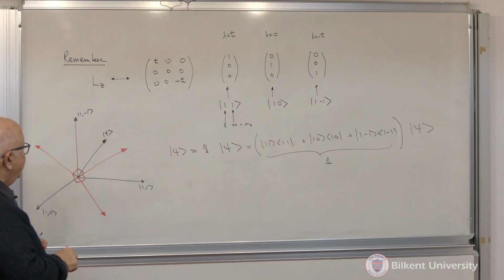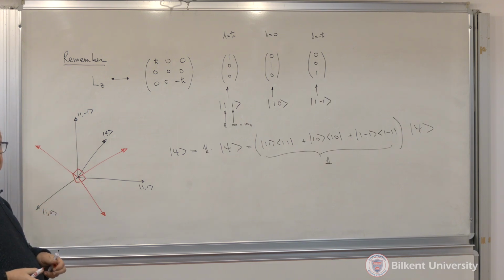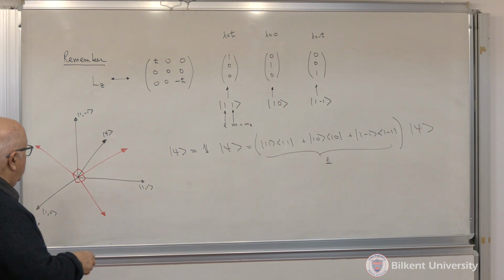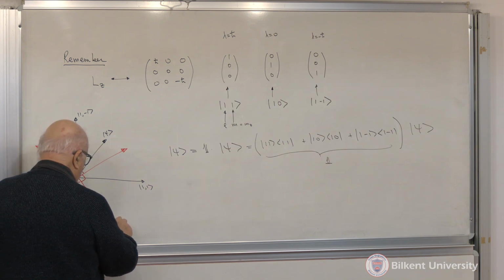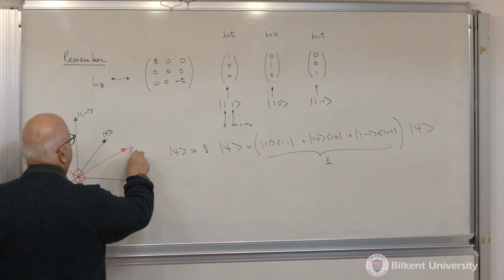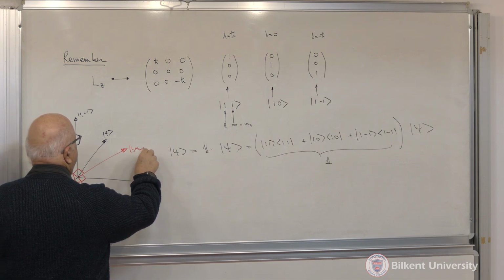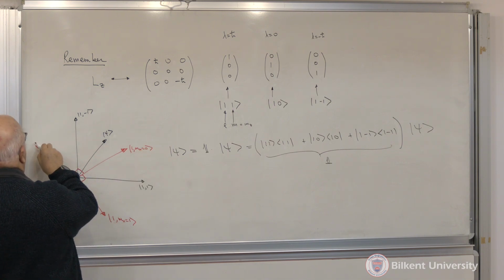So these are the red vectors. They are in 3 dimensions. They are again orthogonal. And these things are now L equal to 1, mx equal to 1. L equal to 1, mx equals 0. L equal to 1, mx equal to minus 1.